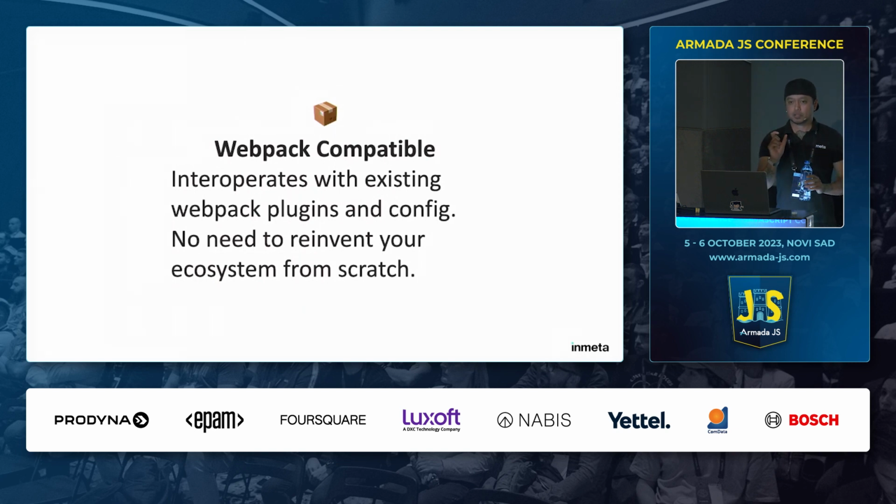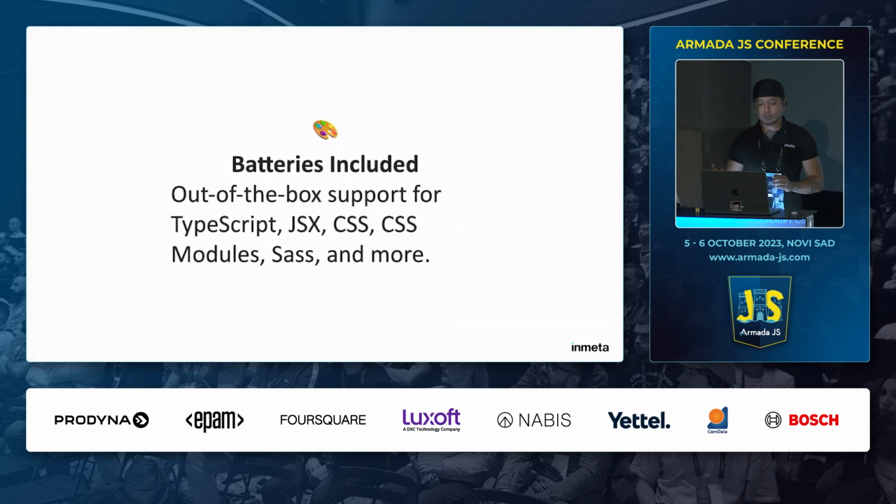The difference between Rspack and Turbopack is that it is Webpack compatible, where you don't have to relearn another plugin or another way to, for example, add some minification or optimization in your application. Once you know Webpack, you already know how to use Rspack because you can just copy paste, and you will see that later. And of course, batteries included.